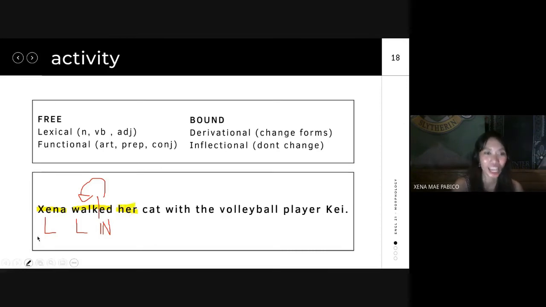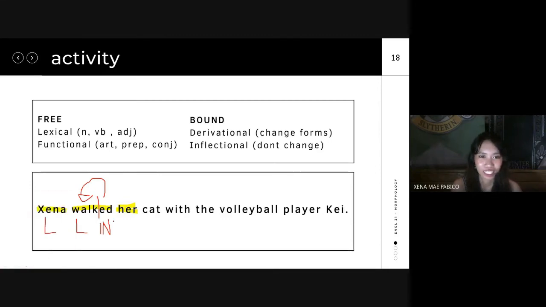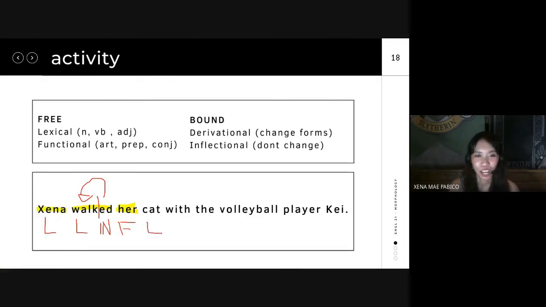The word her is a functional morpheme because it's a pronoun. So that's F. How about cat? It's a lexical morpheme because it's a noun. How about with?